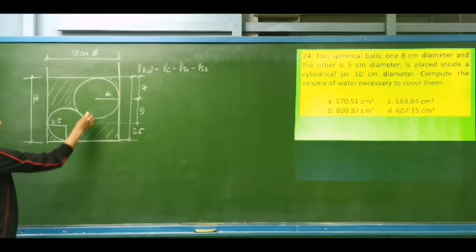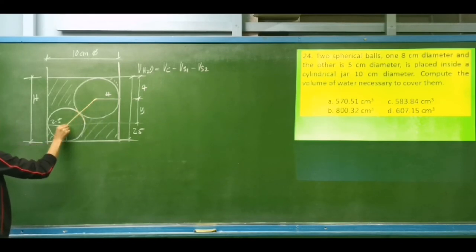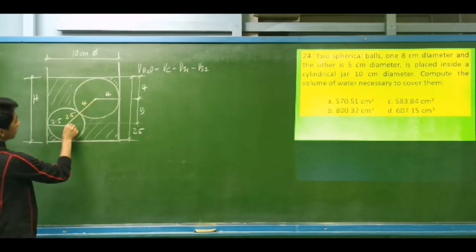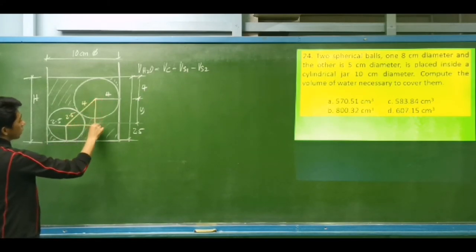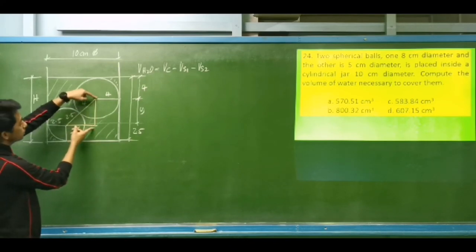So we have, if you have to connect yung centers ng dalawang spheres, okay, center, this is 4, tapos 2.5. So diba, 6.5. Alam ba natin yung horizontal distance ng mga spheres? Let's say x. Ito naman yung y.